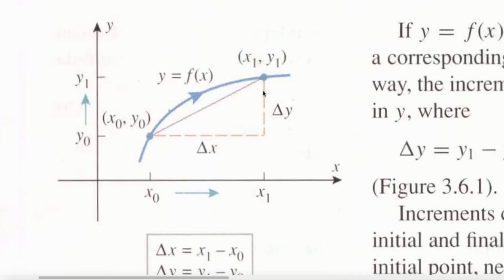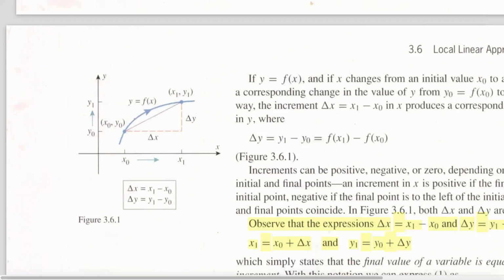The change in y, what we call y1 minus y naught, is delta y, and that's the height of the right triangle. And so if you take the ratio of delta y to delta x, what you end up getting is the slope of a secant line. That's what you get when you take the ratio of the two changes, or the two deltas. That's going to be important to remember.